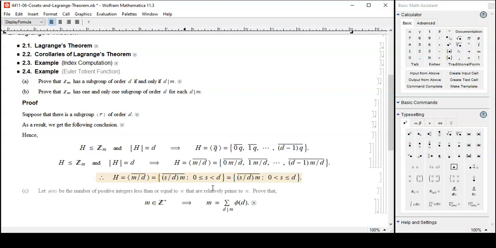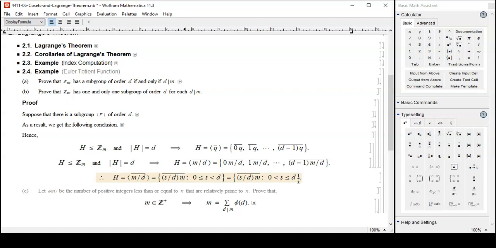If it is not in the lowest terms, then you can simplify this fraction into a smaller denominator, right? So with a smaller number of multiplications, you're going to get a multiple of m.